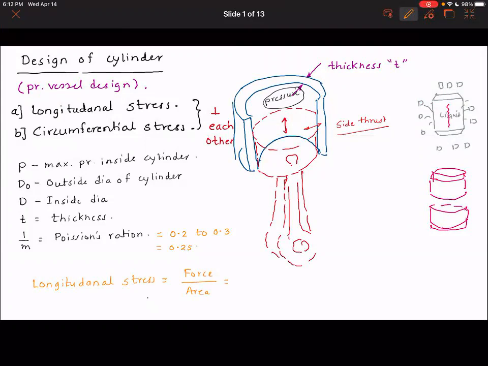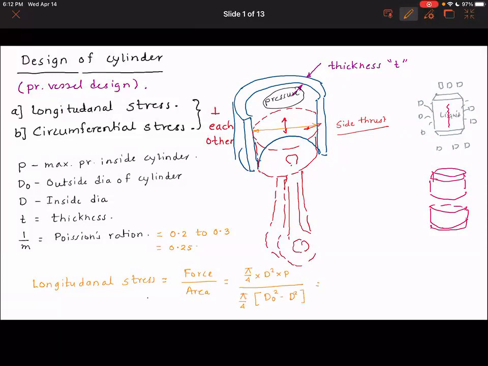And the force is, if you think about it, the inside diameter of the cylinder is nothing but the outside diameter of the piston. So it's going to be pi/4 times d square times p. This is the force, divided by pi/4 times d outside square minus d square.